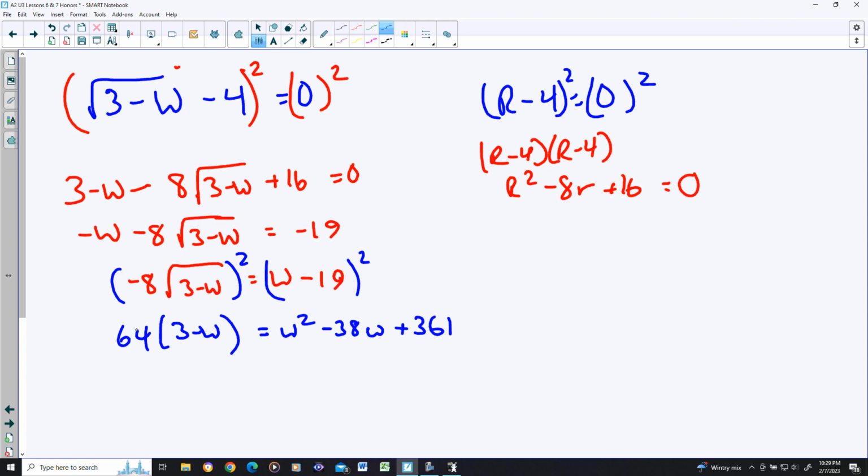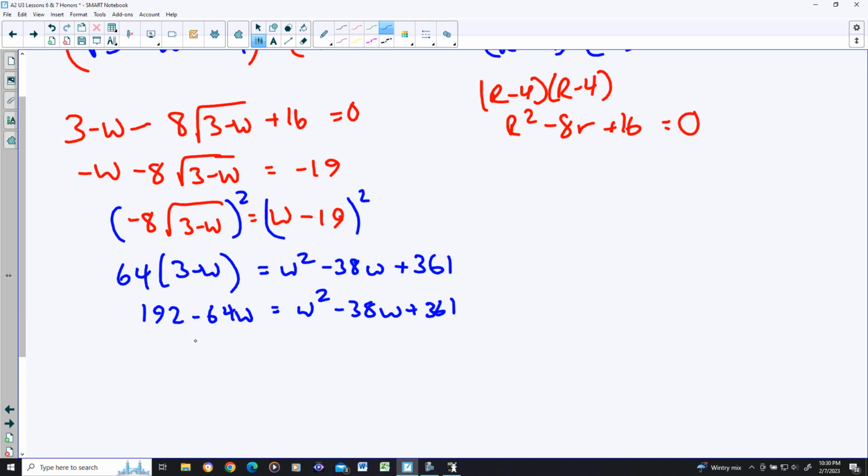Oh boy. All right, let's combine our terms, right? So 64 times 3 is 192 minus 64w equals w squared minus 38w plus 361. Oh my goodness. Okay.